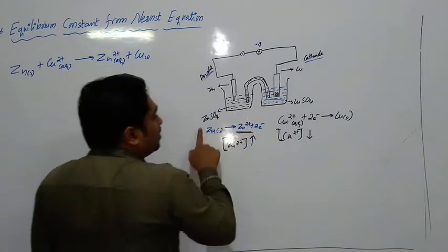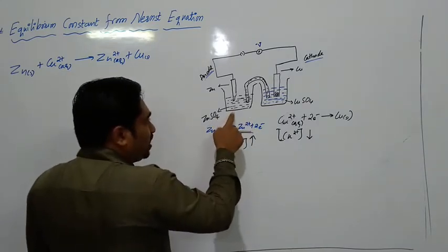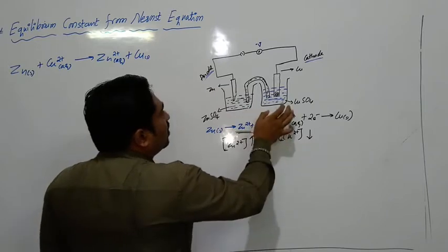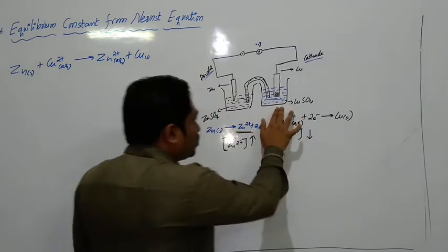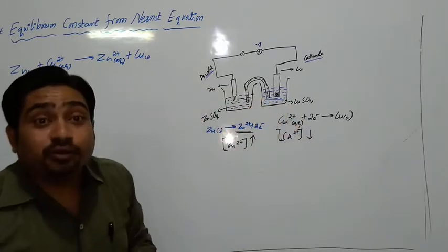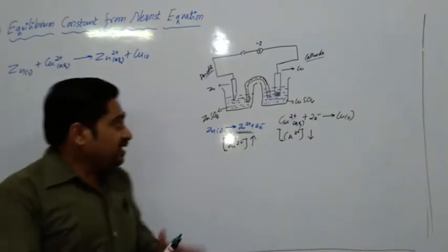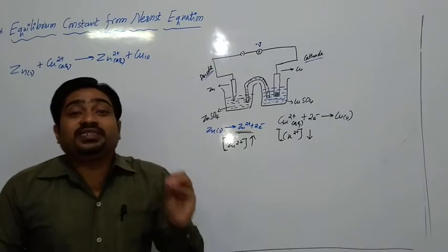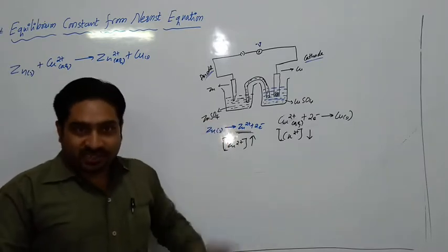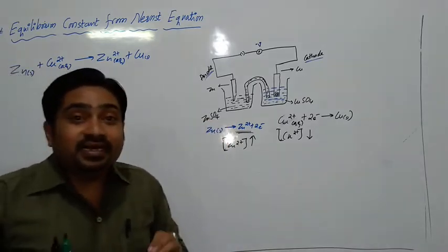As the concentration of Zn2+ ion and Cu2+ ion are both constant, this condition is said to be equilibrium. Means in the system equilibrium has been attained.